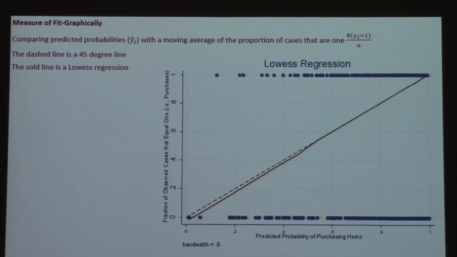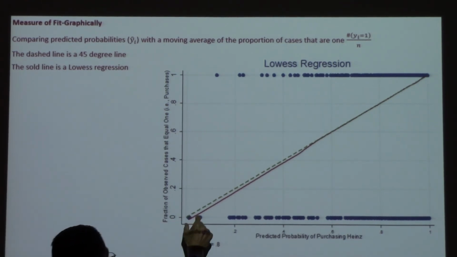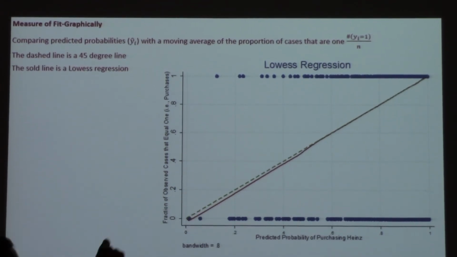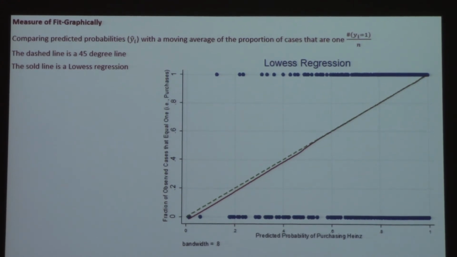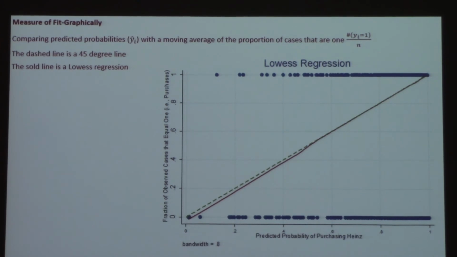So the solid line is this Lowess regression, and essentially what a Lowess regression does is it literally runs a bunch of local regressions on this data set. It's like a moving average, but it runs regressions on these moving samples. So it can be kind of computationally intensive.